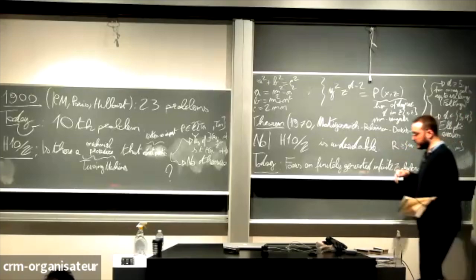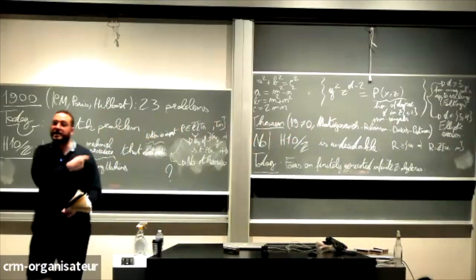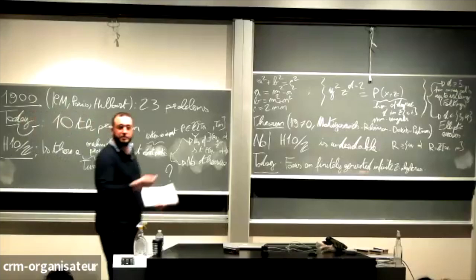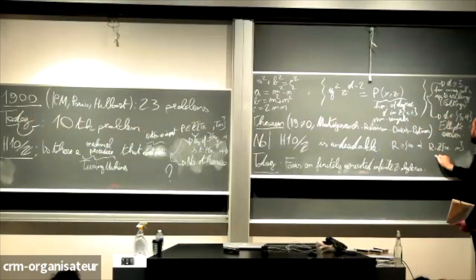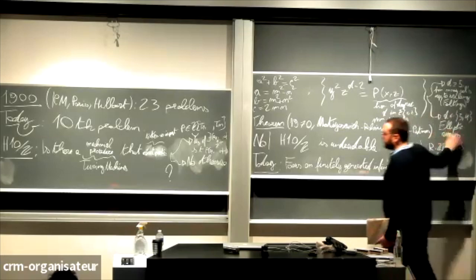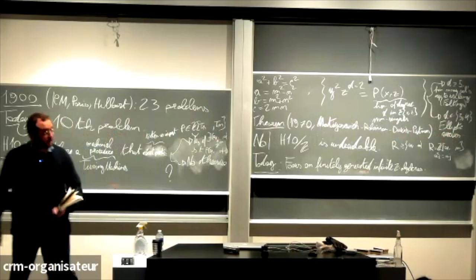So every element of the ring can be obtained by adding and multiplying finitely many variables. Maybe there are relations between these variables. I'm not saying this is equal to a polynomial ring. It could be that A_i squared is equal to A_j, or other relations like this. So it's any polynomial ring modulo any ideal of the polynomial ring. That's what I mean by finitely generated.